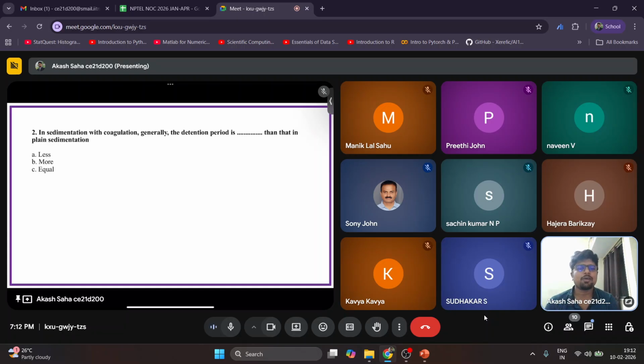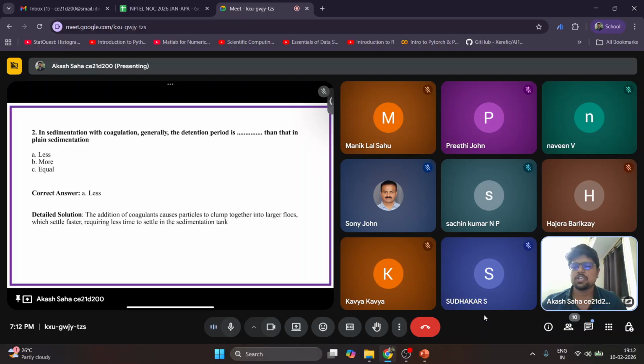Once it forms flocks, they will gain in mass. The size will increase, the mass will increase, and because of the increase in mass, the settling rate will be higher. So if the settling rate will be higher, then the detention period will obviously be less. So a sedimentation with coagulation will definitely have lesser detention period than that of a plain sedimentation.